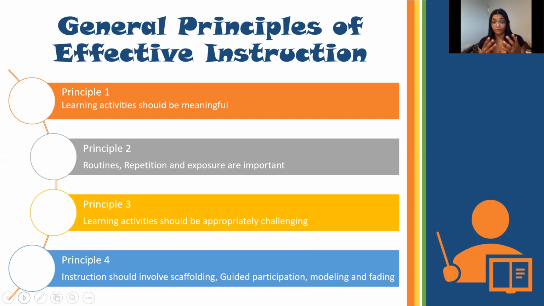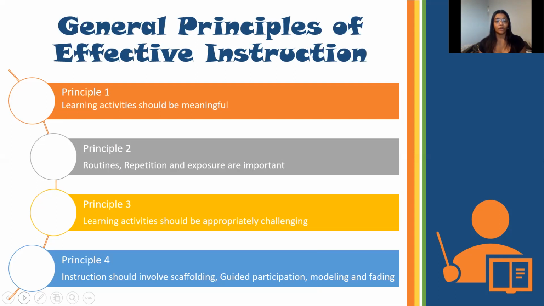And these principles are related to all the cognitive theories that we have been studying. So I'm going to read these names here. Principle 1 is that learning activities should be meaningful. Principle 2 is that routines, repetition, and exposure are important. Principle 3, learning activities should be appropriately challenging.